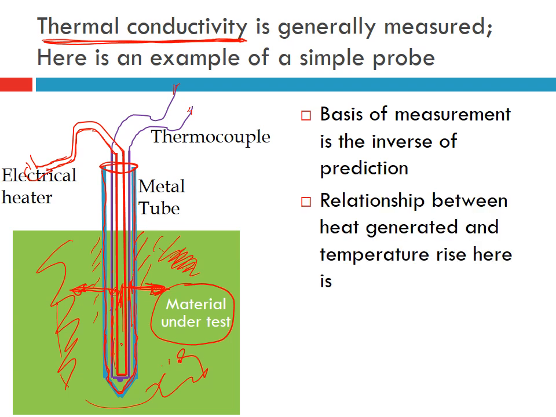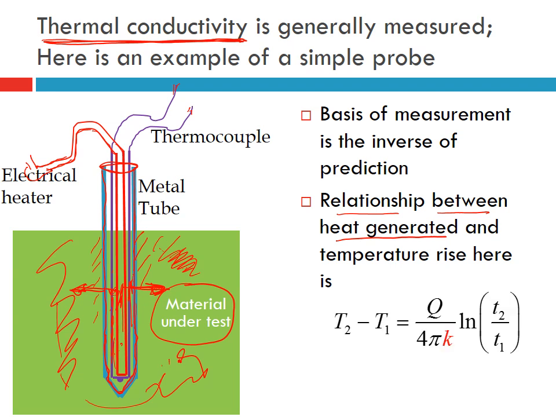Okay, so the relationship between the heat generated and the temperature rise is given by this equation. So this says at time t1 I measure temperature T1, and at time t2 I measure temperature T2.